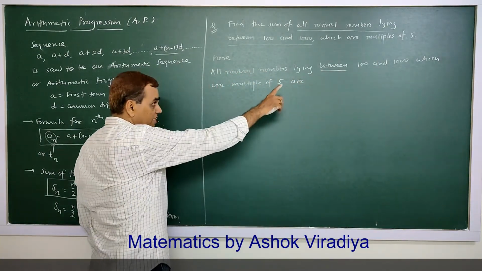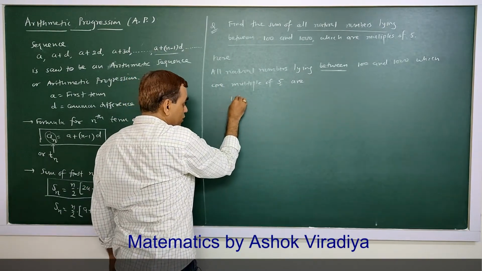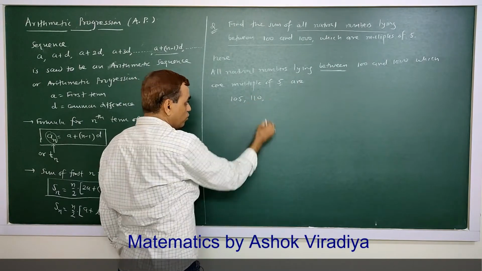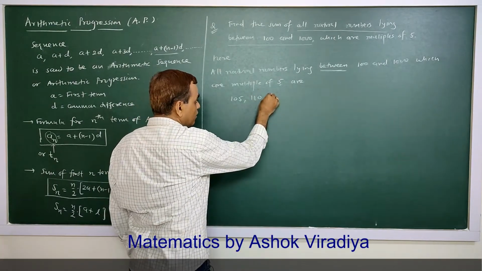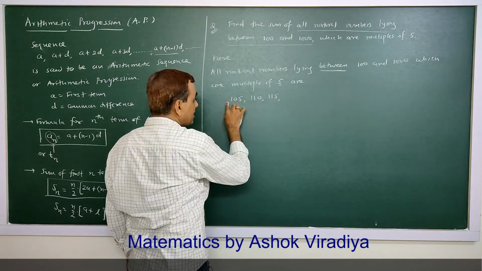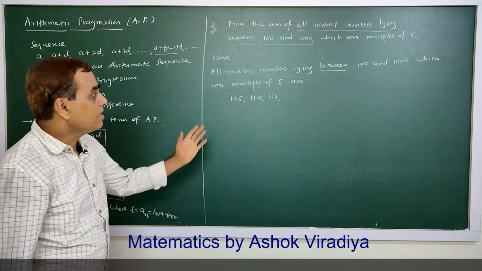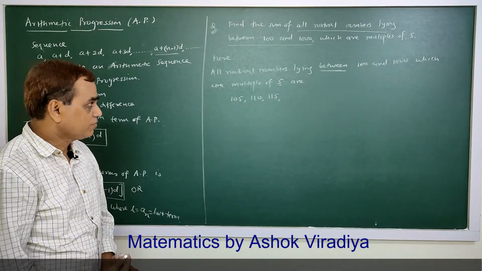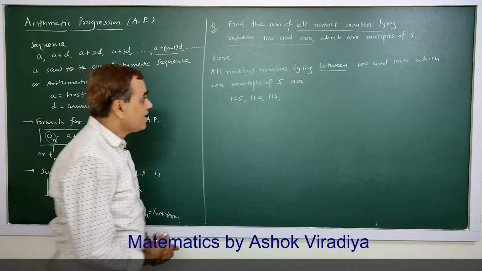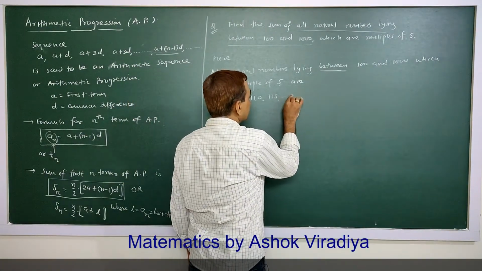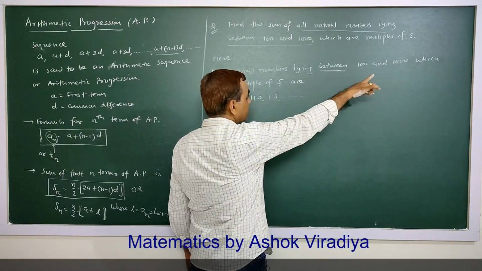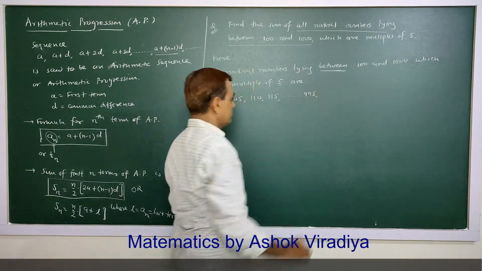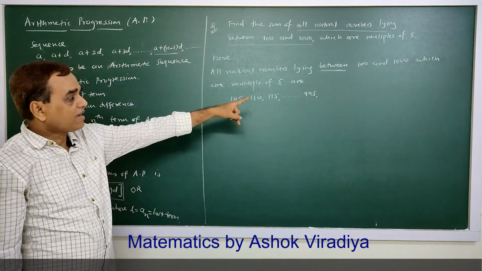So first number in this range is 105, next is 110, then next is 115. So say these are multiples of 5, or numbers we can say divisible by 5. And last number before 1000, it will be 995. So we are having last term too.